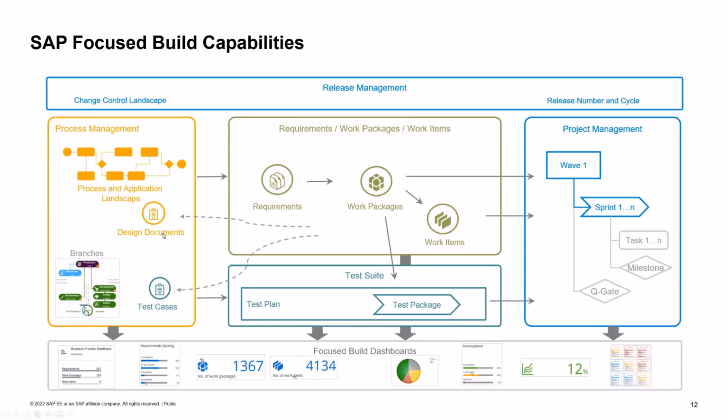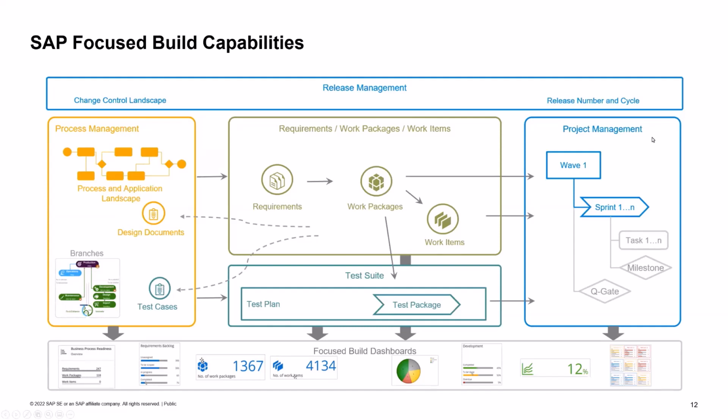Okay, we have a stronger document management here. Requirements, work package, work items. So the build functionality is quite similar. We have as well a quite extensive test functionality, so as well with test case documentation capabilities.